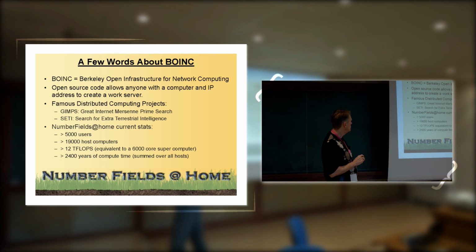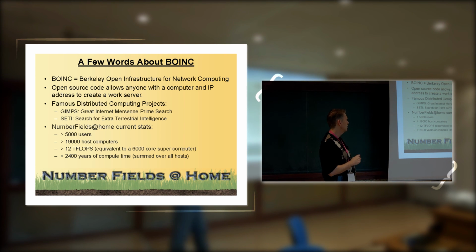And then I just wanted to give you some stats on the Number Fields at Home project, just to give you an idea of what kind of processing power you can get. Currently we have over 5,000 users. Among those users, there are over 19,000 host computers. As of 2 weeks ago when I checked, it was at 12 teraflops.